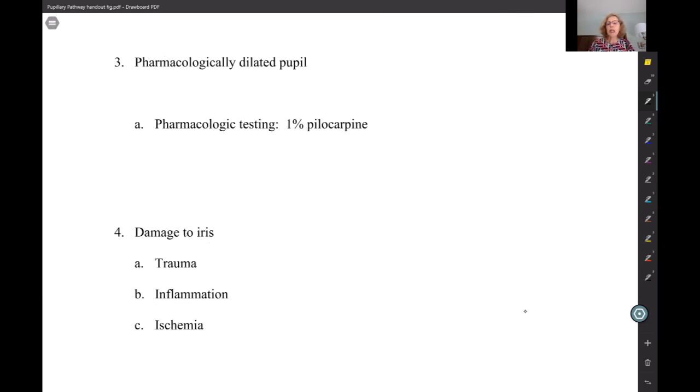A pharmacologically dilated pupil results in a fixed, dilated pupil of recent onset. This may be caused by medications that have anticholinergic effects. One example of this is scopolamine.